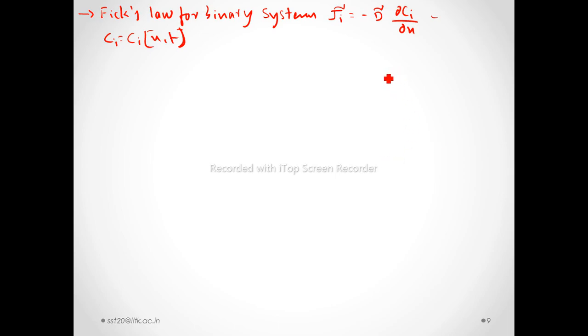First of all, consider the concentration gradient. This is a concentration gradient, higher concentration, lower concentration.